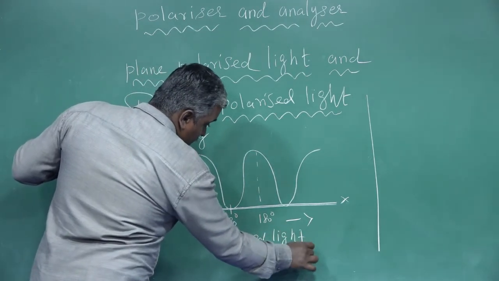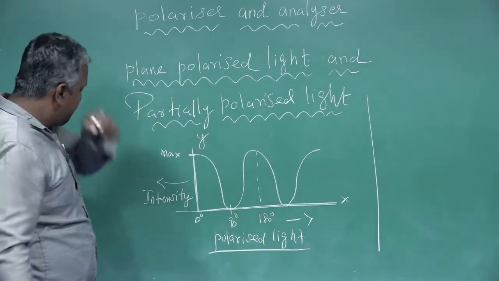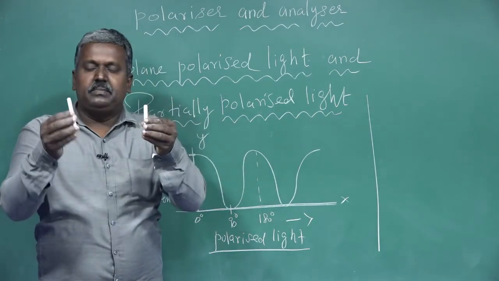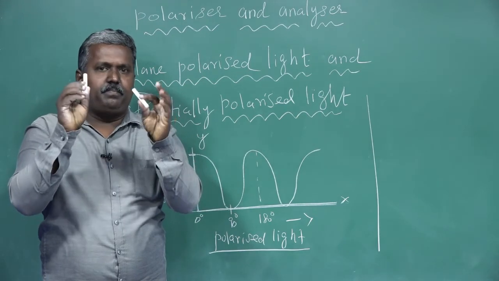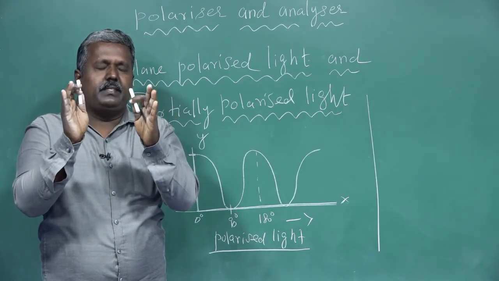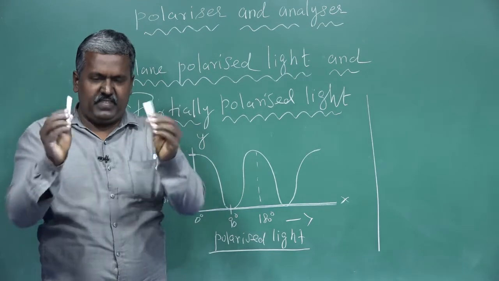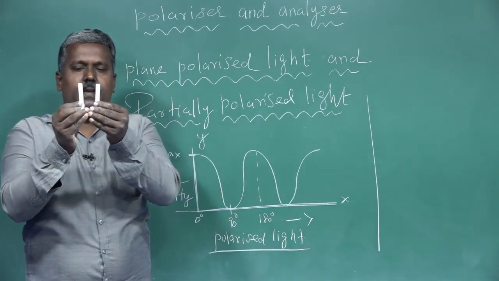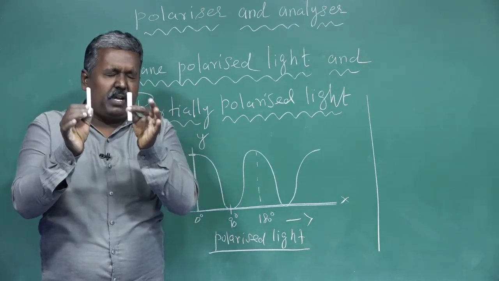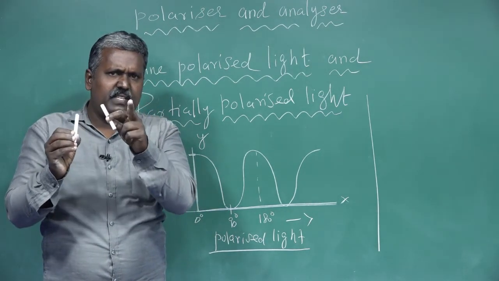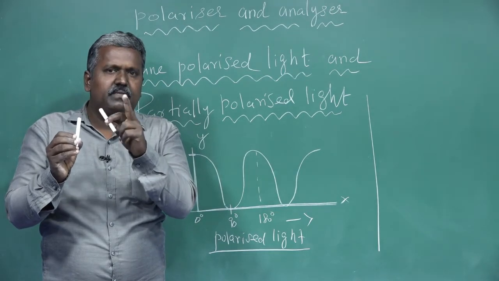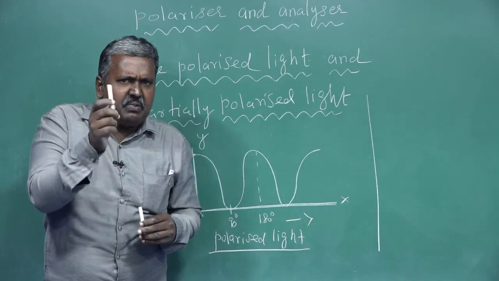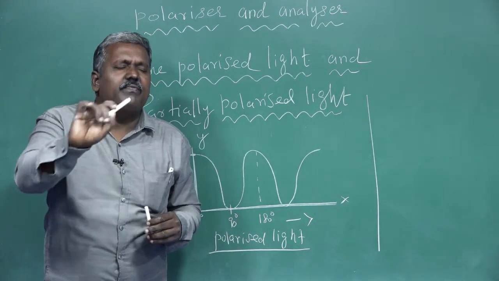Listen here. This is polarizer P1, this is polarizer P2. For a particular position, the intensity of the light will be maximum. First, let us consider both are parallel to each other. Now listen properly.